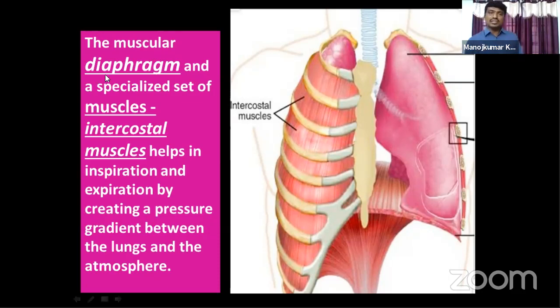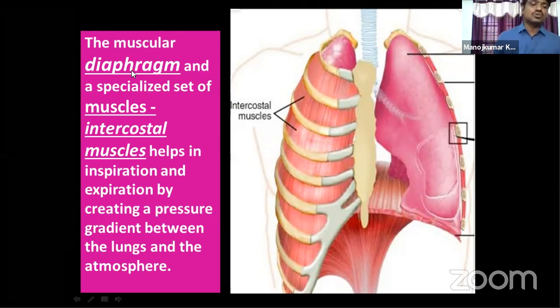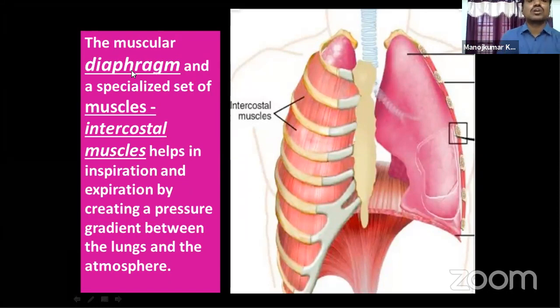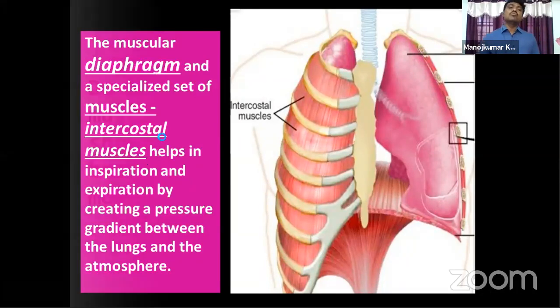Here the muscular diaphragm helps in the process of breathing, and the flexible intercostal muscles also help. The diaphragm and the intercostal muscles help the lungs to show the breathing movements.